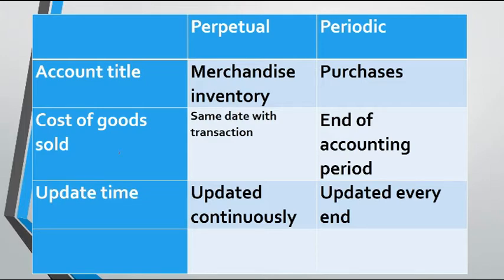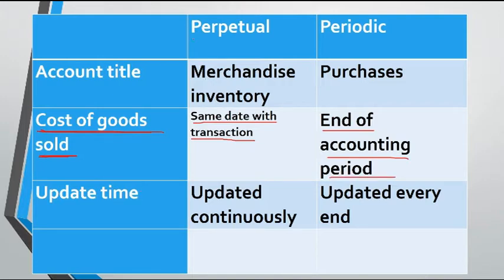Ngayon, kapag ikaw naman ay nakabenta or yung cost, ang importance ng cost of goods sold sa inventory, since perpetual, di ba, continuous mo siyang ina-update, meron kang cost of goods sold at the same date with the transaction. Pero kapag periodic, hindi mo dire-record agad si cost of goods sold, instead at the end of the accounting period pa.